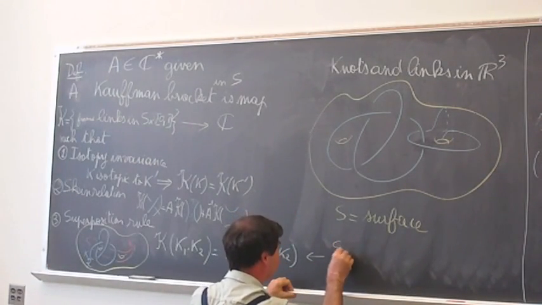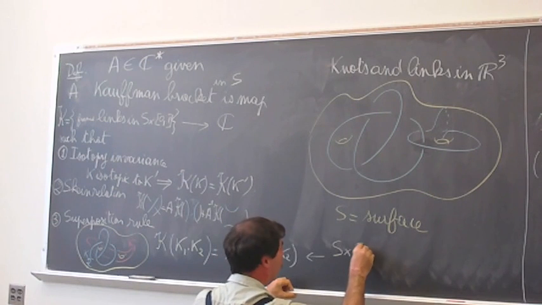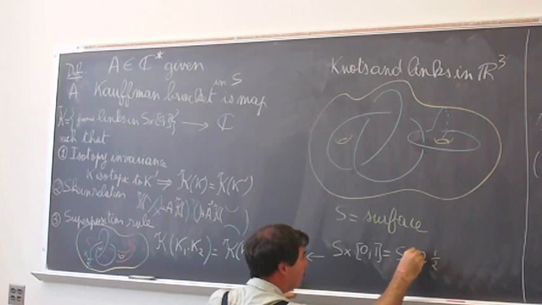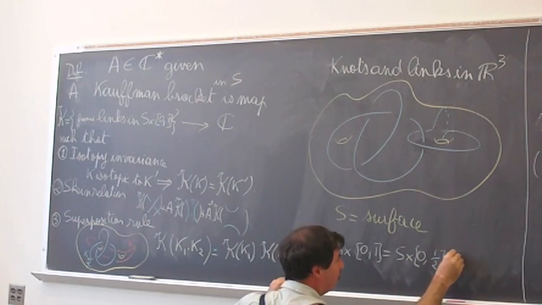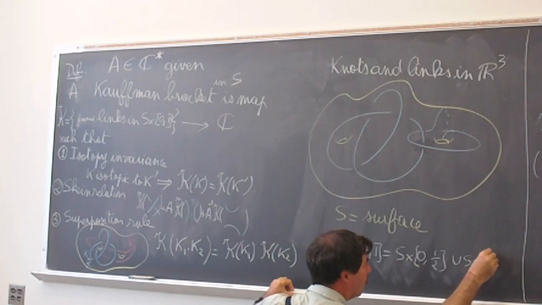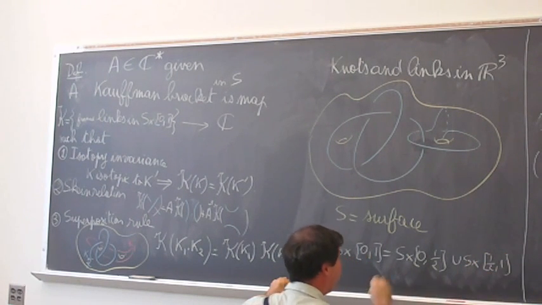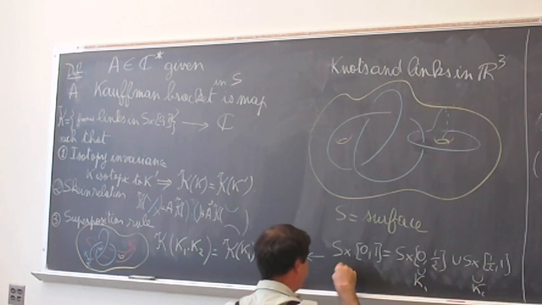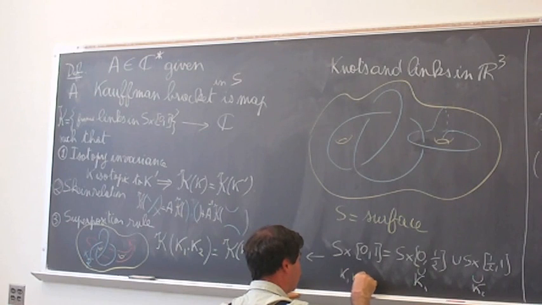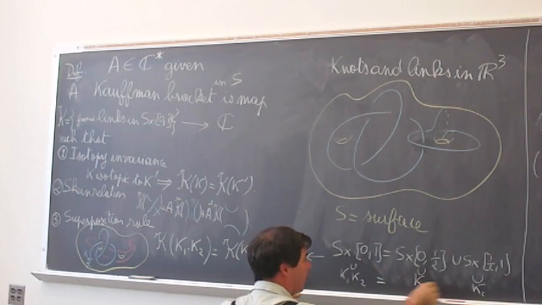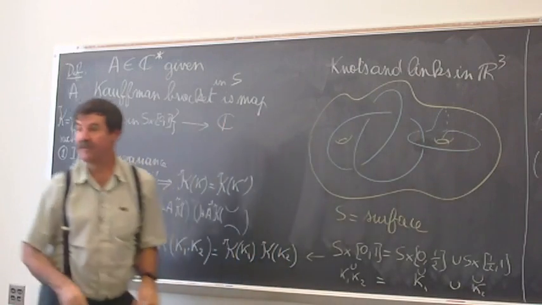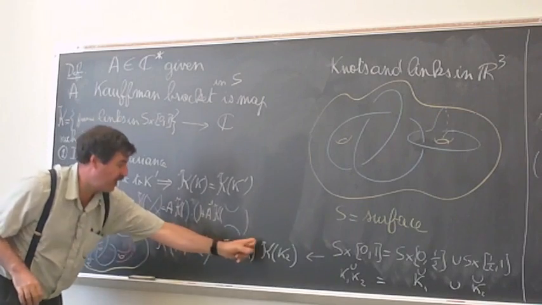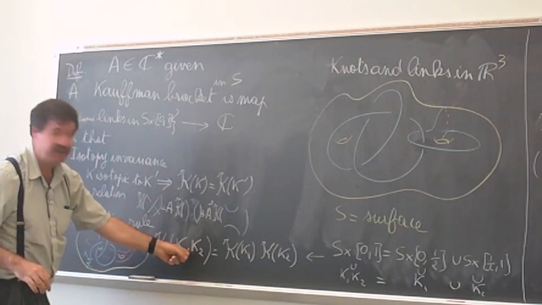What you say is that you write S cross [0,1] as S cross [0,1/2] union S cross [1/2,1], and you put the knot K1 in here and knot K2 in here, and then you get this knot K1 K2 in here. So that's how you define these superpositions.